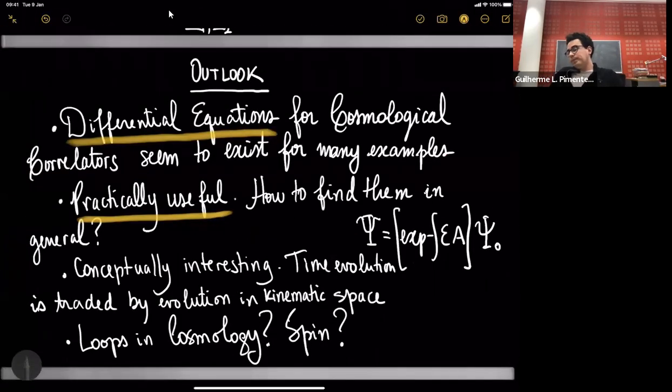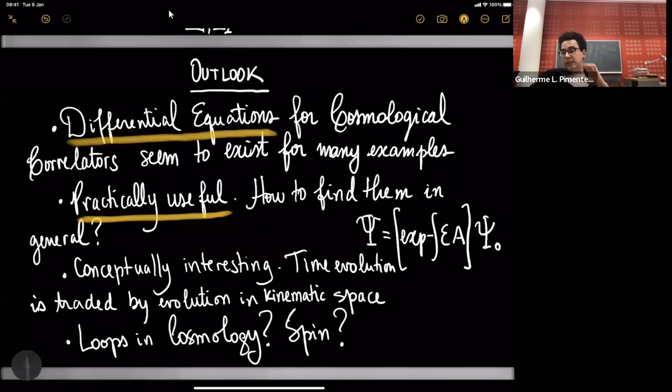I'm going to summarize. These cosmological correlators are really the building blocks of the initial conditions of the universe. To classify them, these differential equations are practically extremely useful. It's how we actually computed shapes that we couldn't do from brute force time integration before.